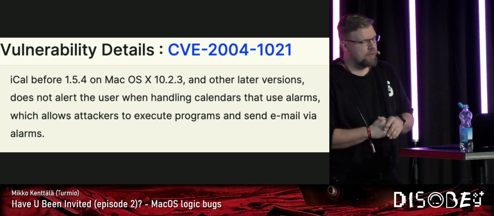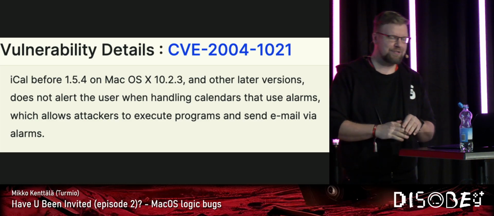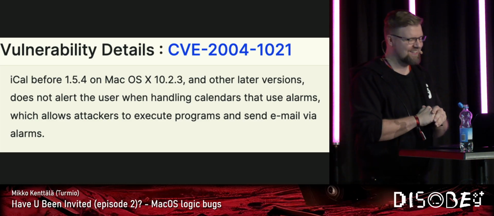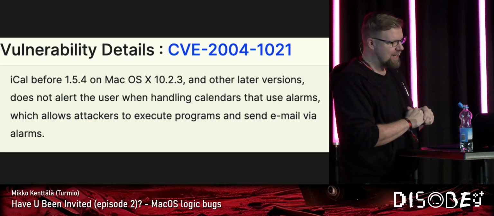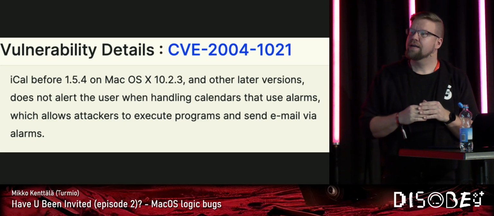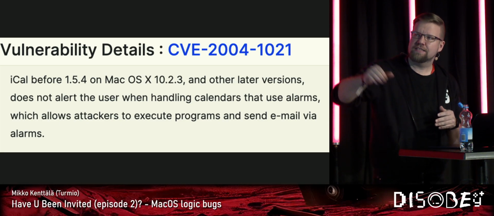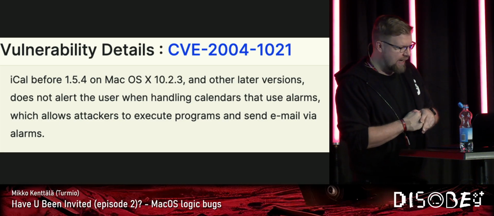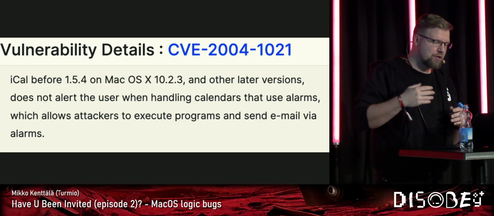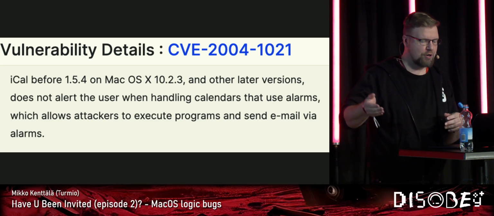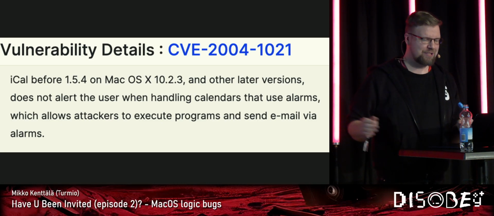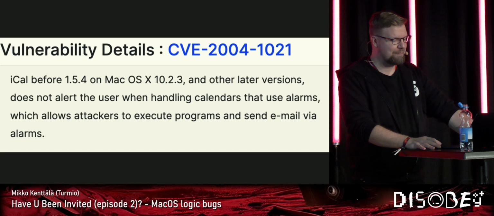There have been some vulnerabilities. In 2004, for example, there were issues related to the alerts in the macOS calendar. Back then it was called iCal. So it's a common challenge that there may be things you don't want to automatically appear to you.